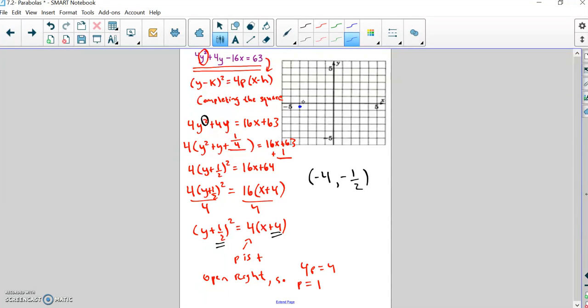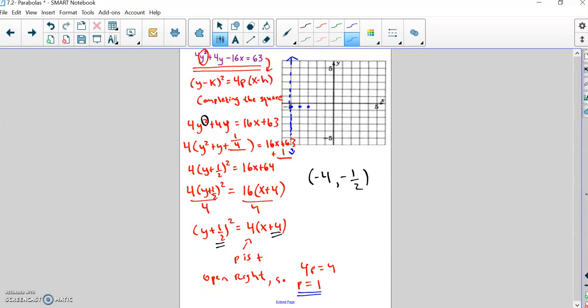And this is opening to the right because p is squared. And if p is equal to 1, to get to the focus, I'm going to go 1 unit inside of my curve. And to get to the directrix, I'm going to go 1 unit outside of my curve, and I'm going to draw a line to signify my directrix.